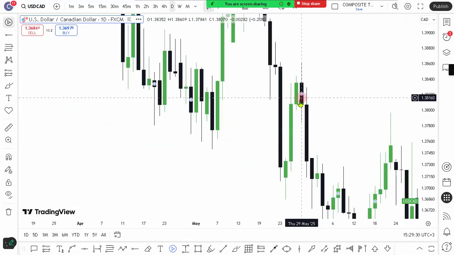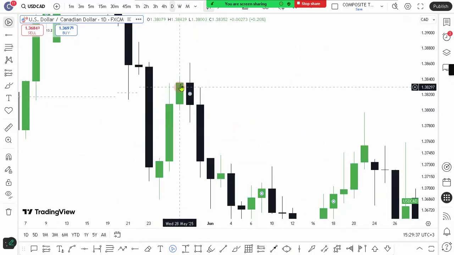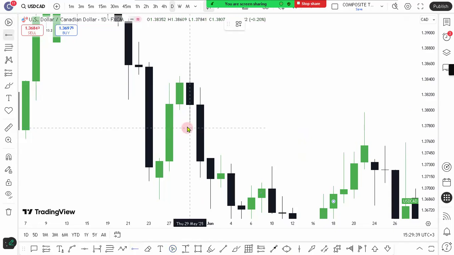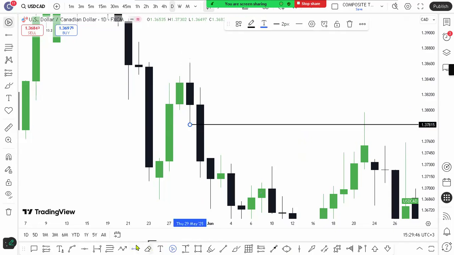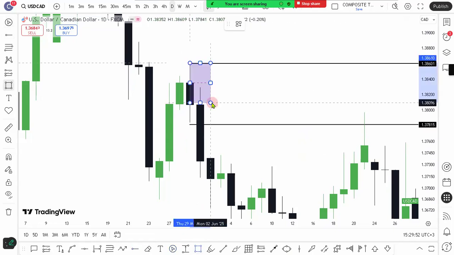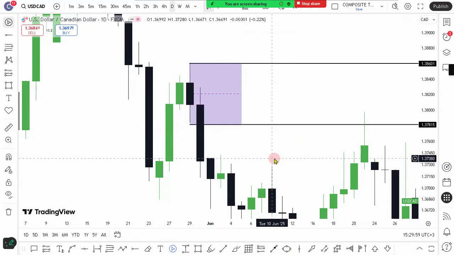If you look at this area, you can see this indecisive candle accompanied by a decisive candle here. So this is the first supply that's showing up around here on the daily time frame. This is the first supply zone that you see here, which is an opposing zone.